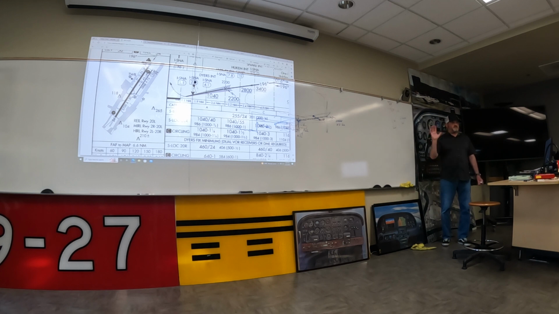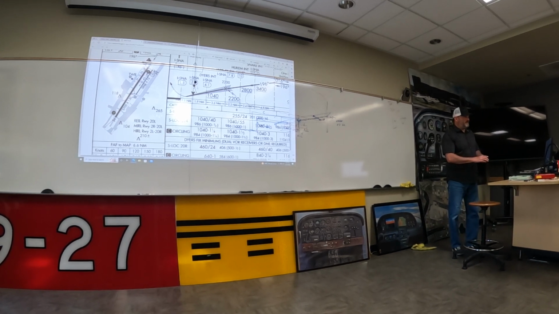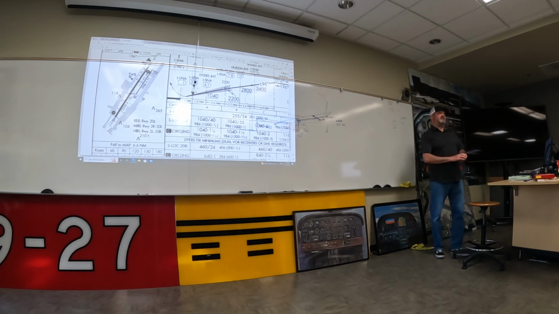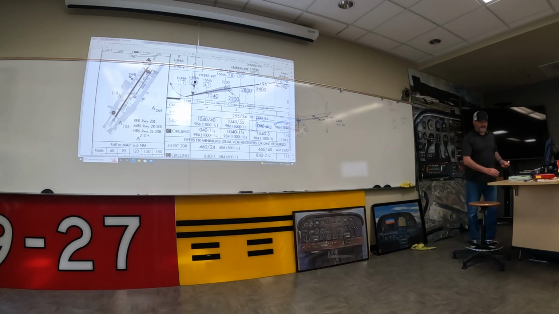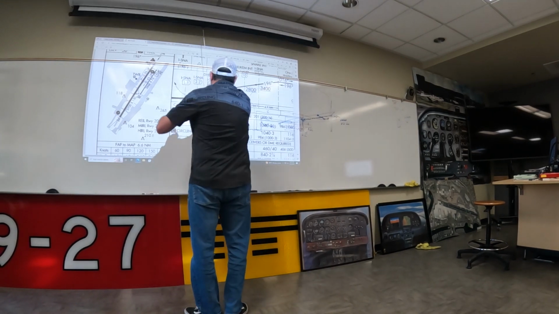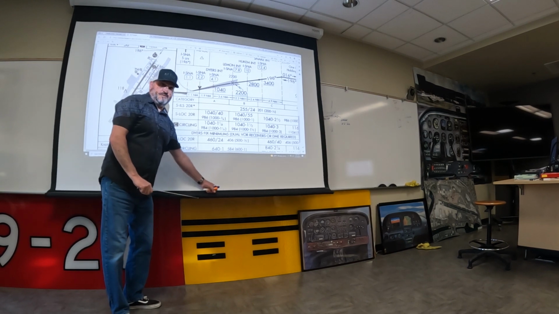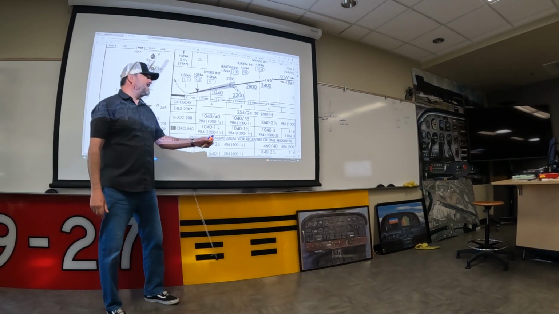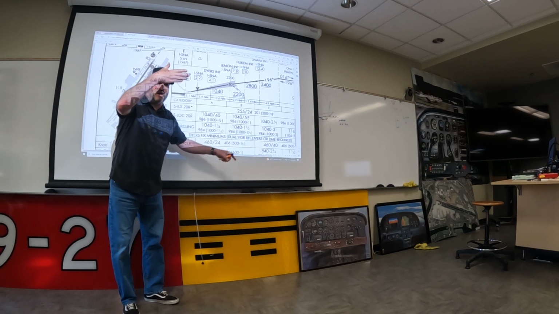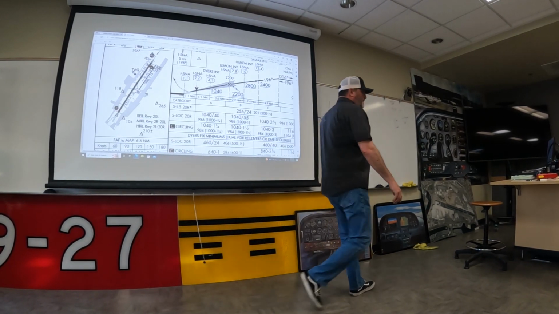Questions on this? Go for it. What if you keep getting down to that decision altitude, you can't see the runway, and you keep going around and you still can't see it? In that case, you're not going to keep going around. What you're going to do is execute the missed approach procedure. You get down to your DA, decision altitude. What's the DA on the ILS here? You're on the glide slope at 255 DA. You get down to 255, you can't see the runway.